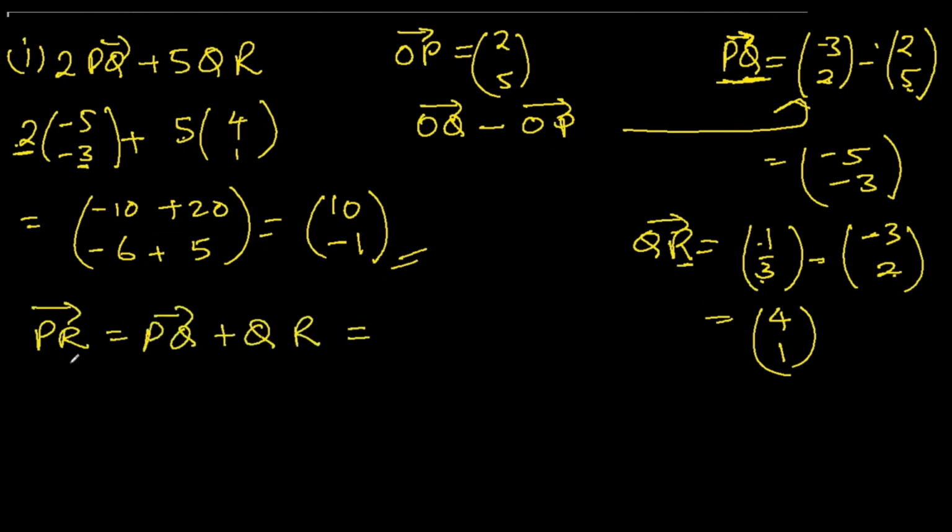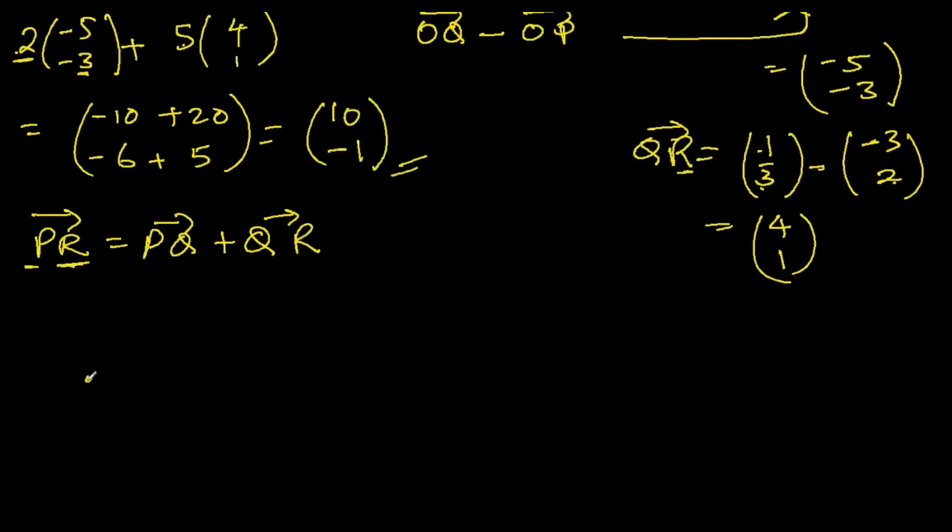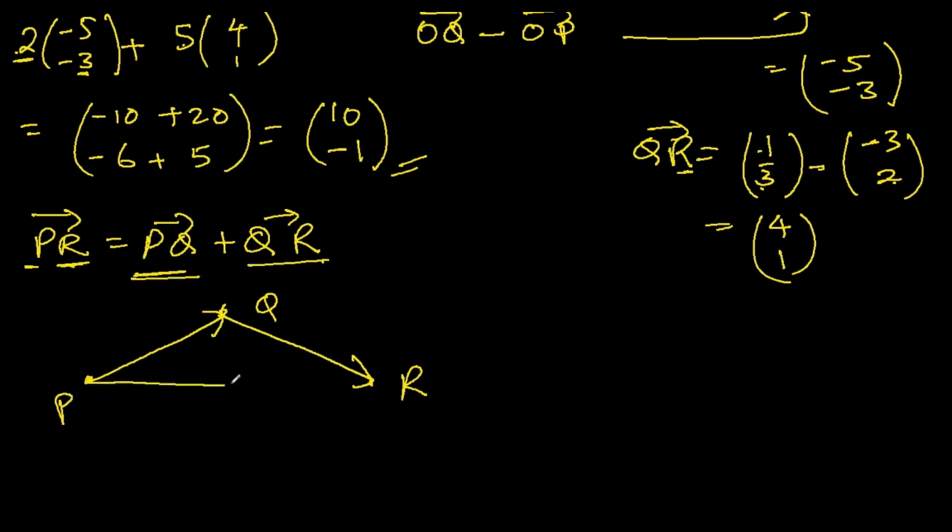You could have also done the position vector of R minus the position vector of P. This is some point P, this is some point Q. If I go from P to Q, this vector is called PQ. Now there is another point R. From Q to R, it will be the vector QR. And if I add PQ and QR, the resultant is PR. That's why in vectors we can add like this.